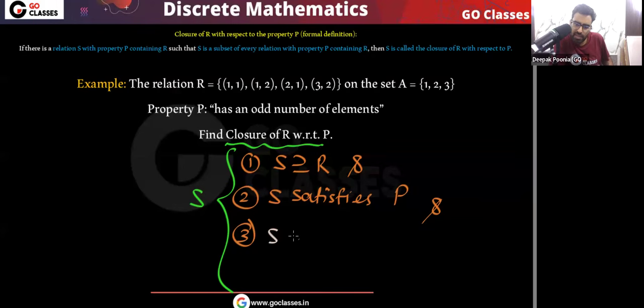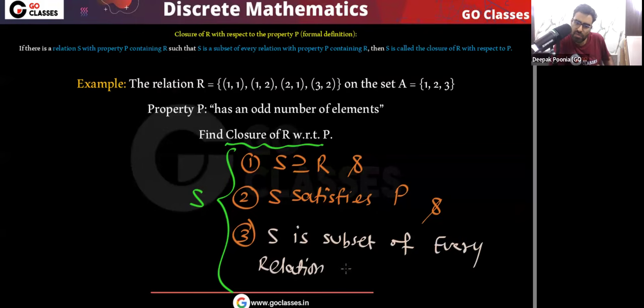What should happen? S is a subset of every relation with 1 comma 2. Okay, S is a subset of every relation with 1 comma 2.